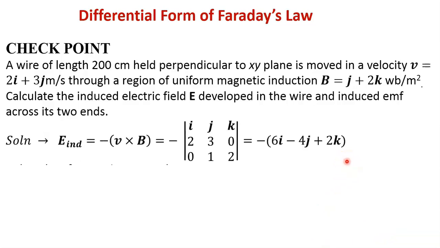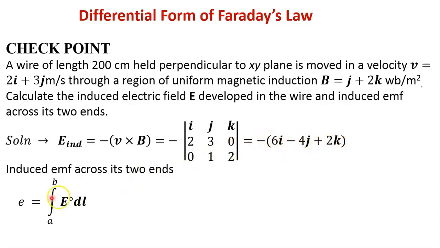Solving that is very simple. When you write V bar cross B bar with a minus sign in the form of a determinant, you can work out the vector, and E bar induced will be minus inside bracket 6 i cap minus 4 j cap plus 2 k cap. Here you can take 2 common if you like.